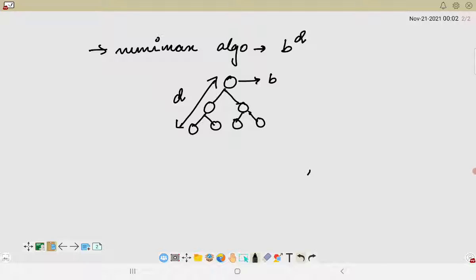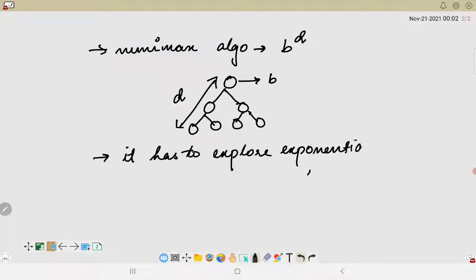Now, the primary disadvantage of the Minimax algorithm is that it has to explore, or examine, an exponential number of moves.